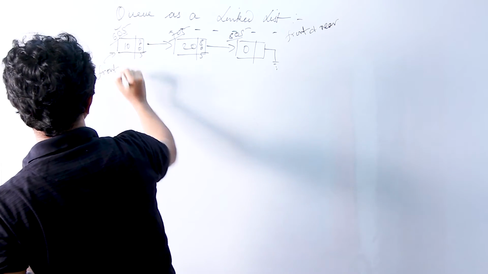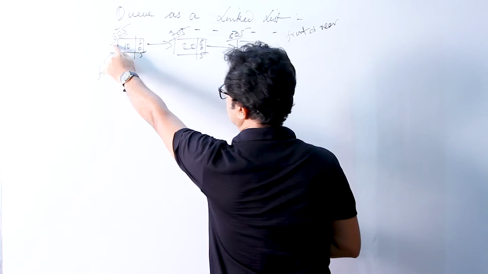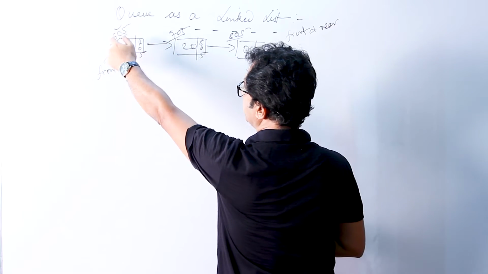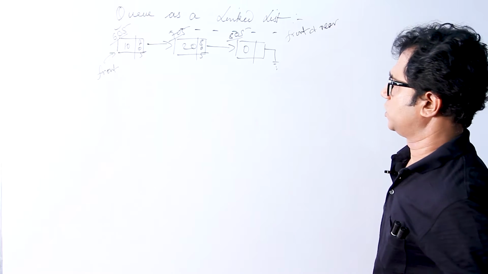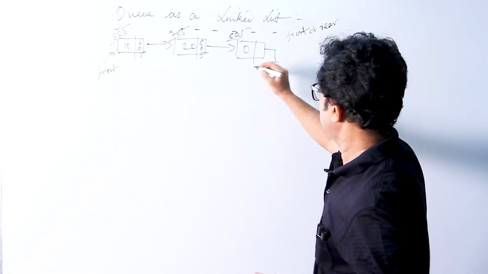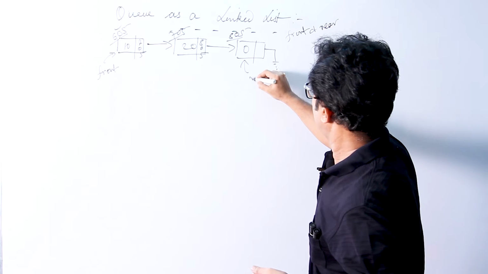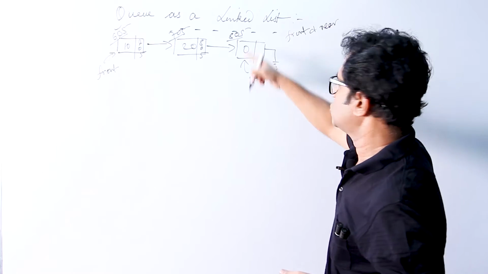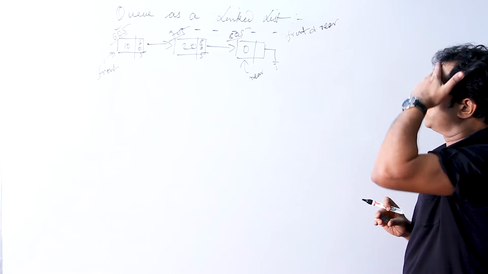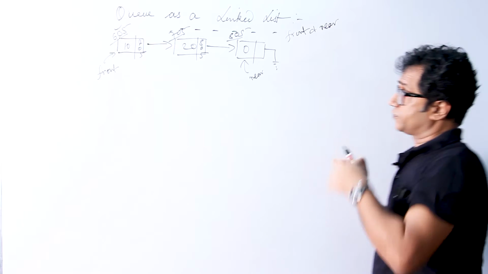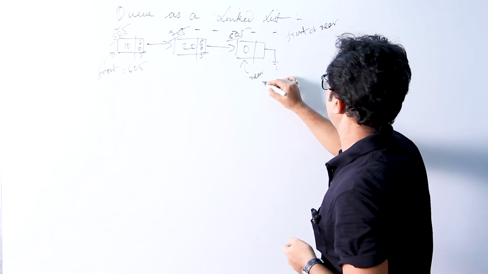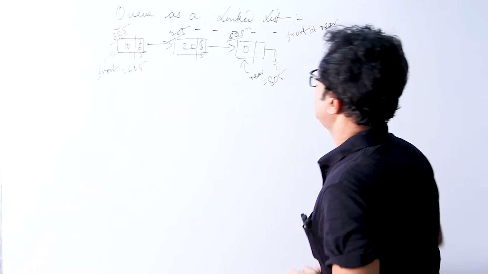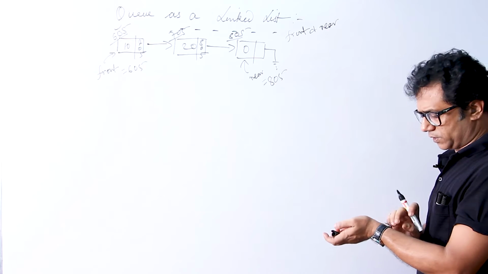Front points to the address location of the beginning of the Q, that is the first node of the Q, and rear points to the last node in the sequence. So these are the two pointers, and this front has a value of 605 and rear has a value of 805. So this is a simple Q representation.